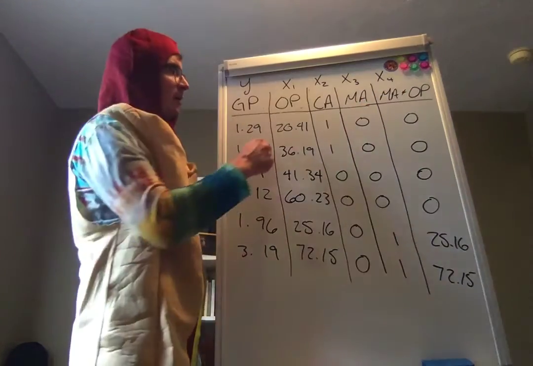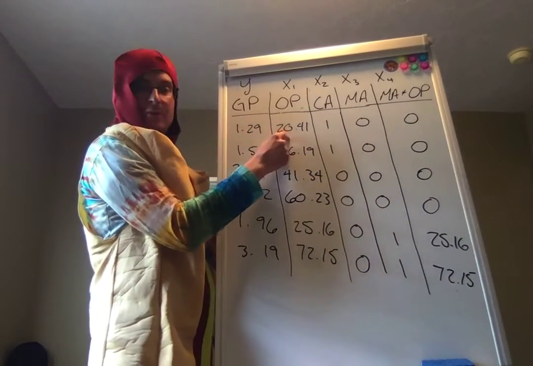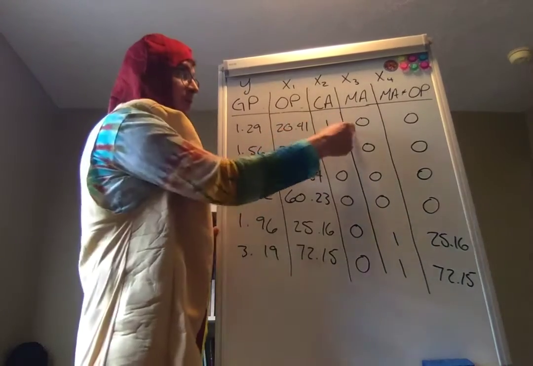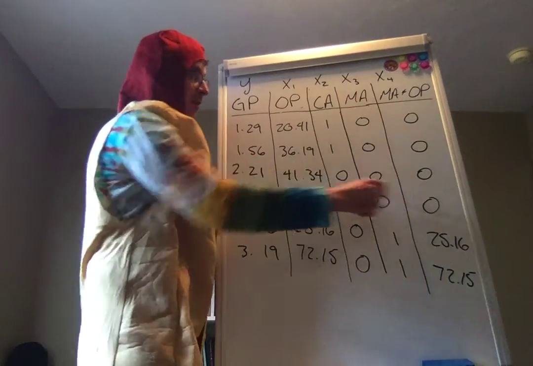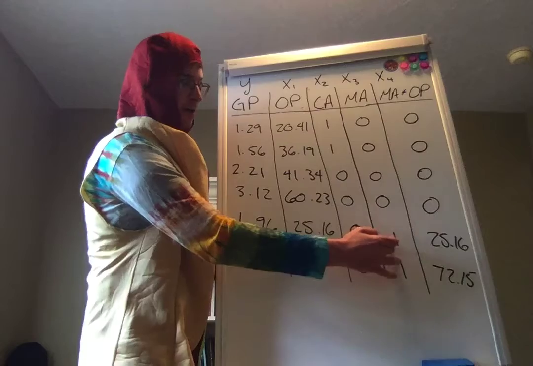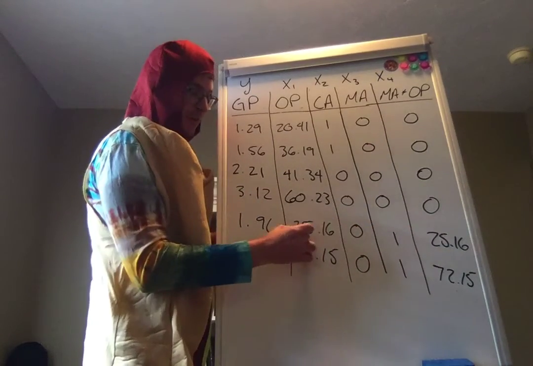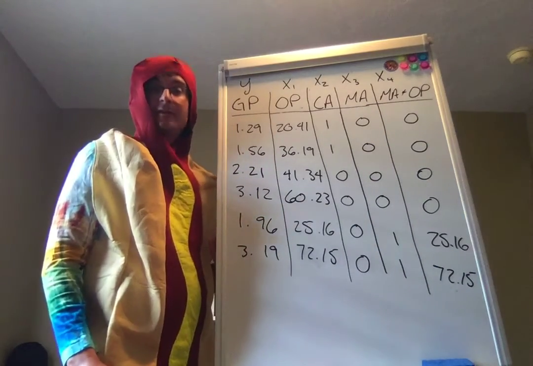So over here, Massachusetts is 0, oil price is 20.41, and 20.41 times 0 equals 0. So those are 0 everywhere we have zeros for Massachusetts, but then down here, 1 times oil price is oil price. So with 25.16 times 1, we get 25.16 again.